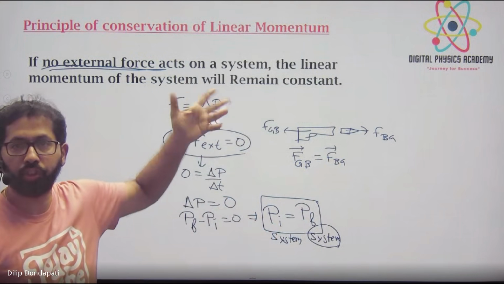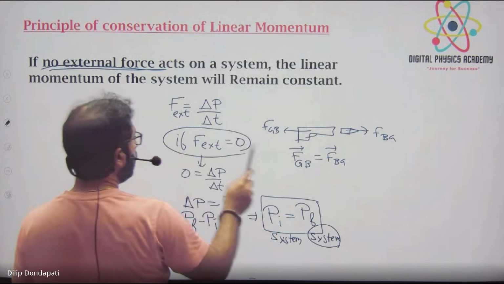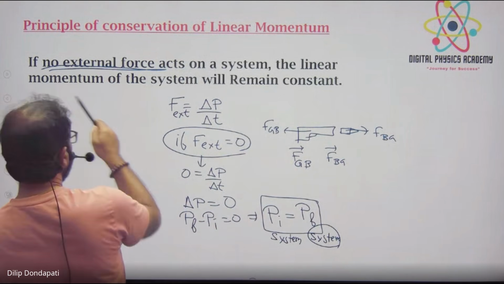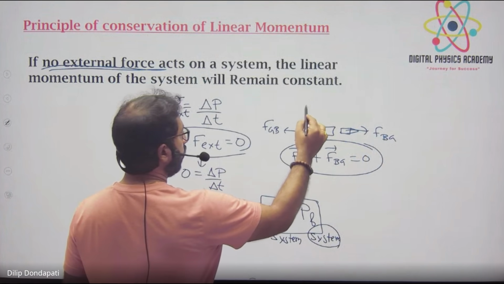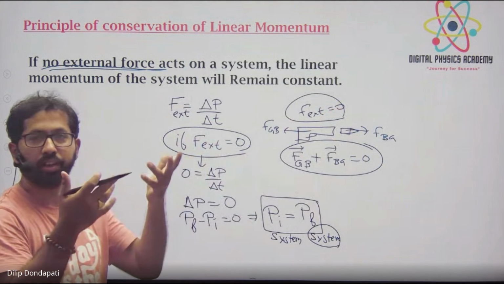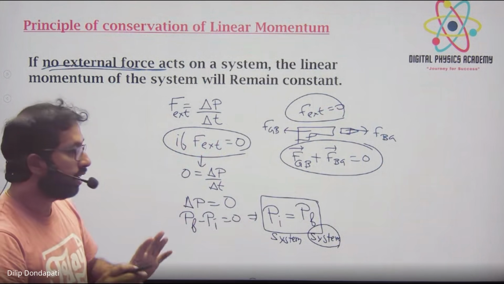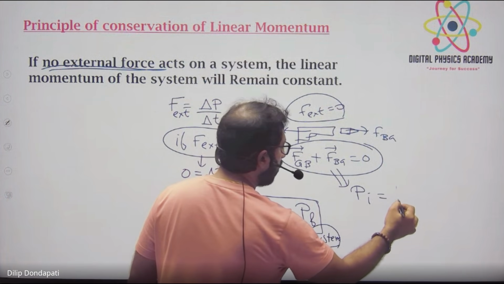Internal forces vectorially cancel. If I add these 2 vectorially, that is 0. And external force is 0 in this case, because externally no other force is being applied. In that condition we can apply initial momentum equal to final momentum.